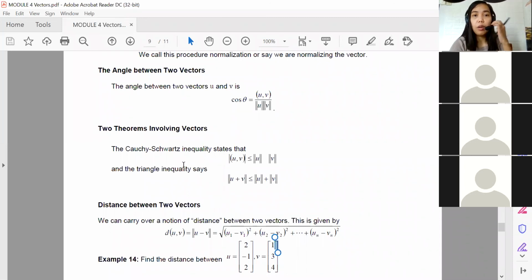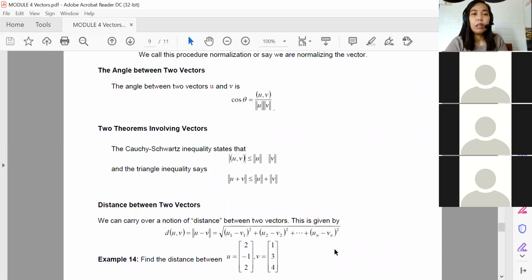The Cauchy-Schwarz inequality states that the dot product of U and V is less than or equal to the product of the norm of U and the norm of V. And the triangle inequality says that the norm of U plus V is less than or equal to the norm of U plus the norm of V.